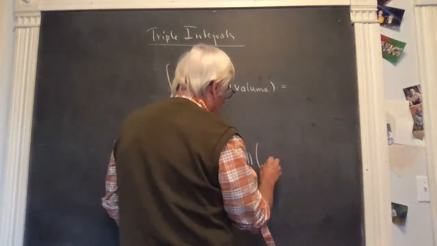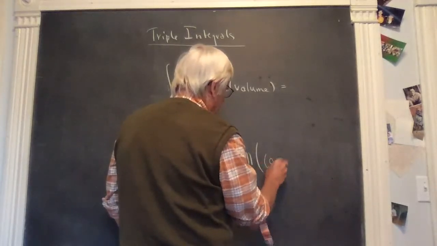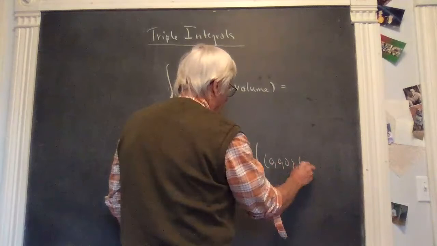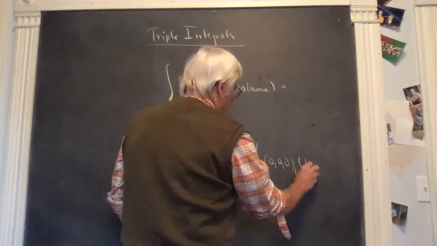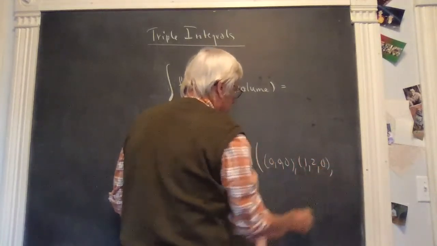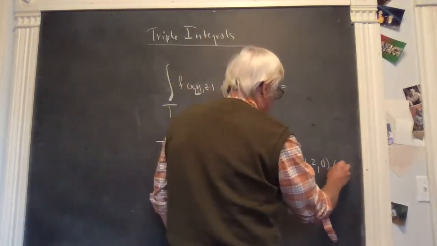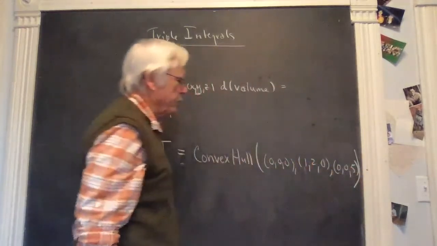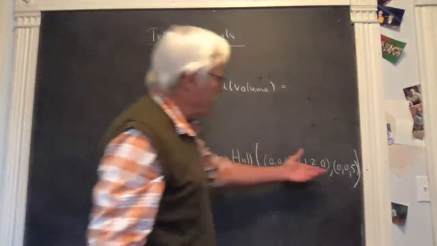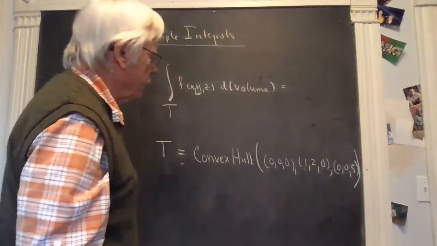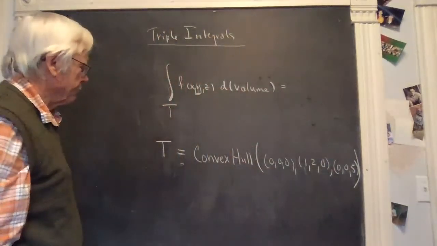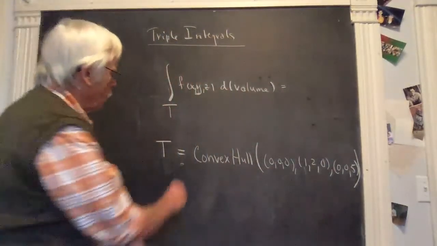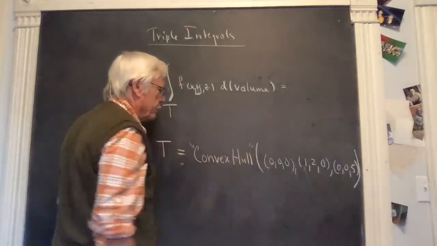Let me give you 3 points. Let's just take (0, 0, 0), (1, 2, 0), and (0, 0, 5). It doesn't really matter. I picked the points fairly easily so that we can see what's going on here. So we want the, quote, convex hull of these points.